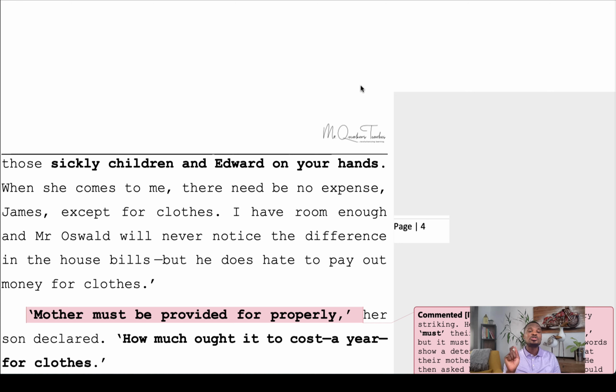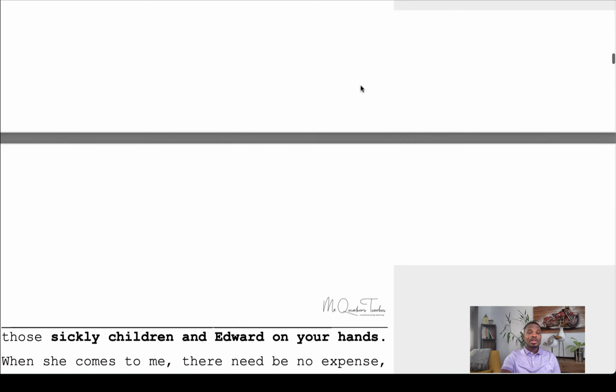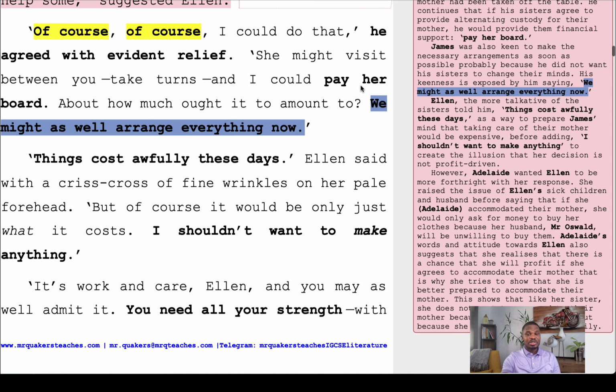But he does hate to pay out money for clothes." So now, if you observe, Adelaide is trying to present her sister as somebody that is not ideal to accommodate their mother because her children are sick and her husband is also sick. So you leave her with me, because their brother said he was going to pay for board.